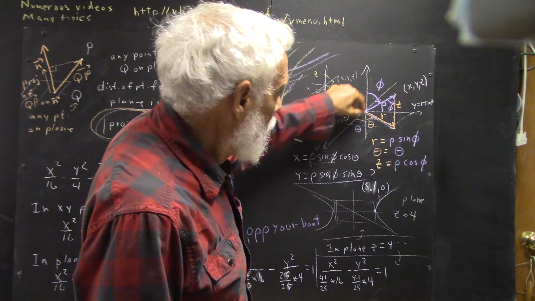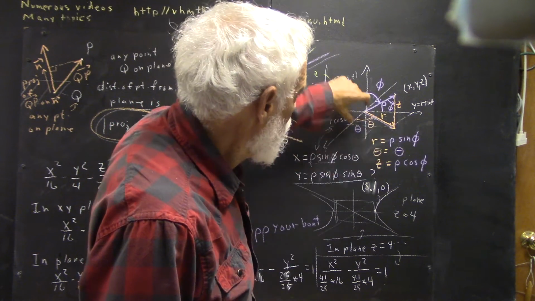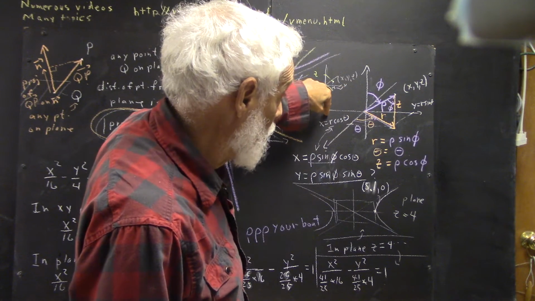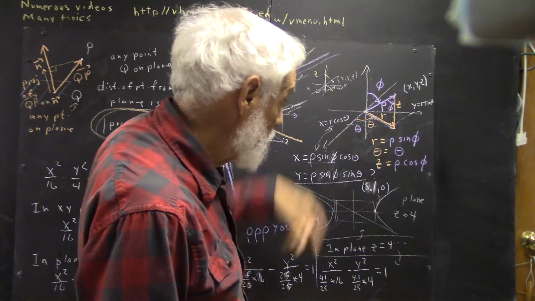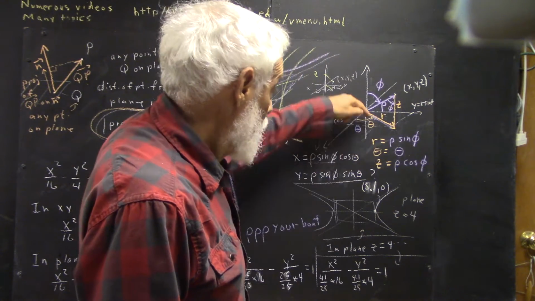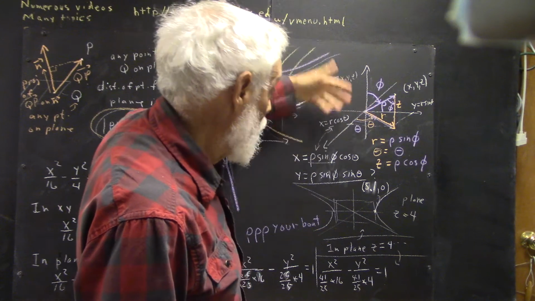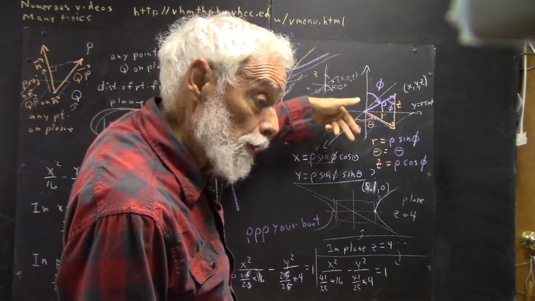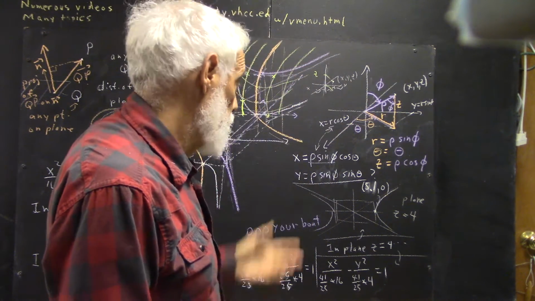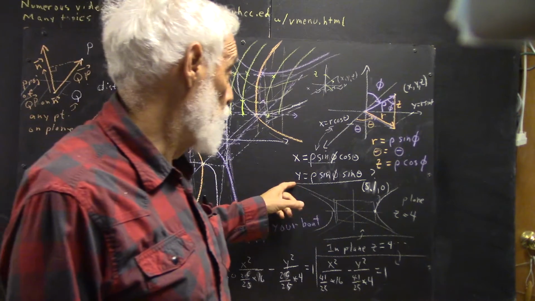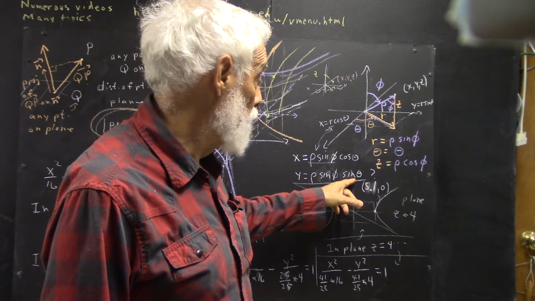We can see that this side, the hypotenuse of this triangle that we use down here in the xy plane, is rho sine phi, so that this, which is the hypotenuse times the cosine of theta, has to be rho sine phi cosine theta. And similarly, I'll leave it to you to work this out, but it's very simple, y is rho sine phi sine theta.